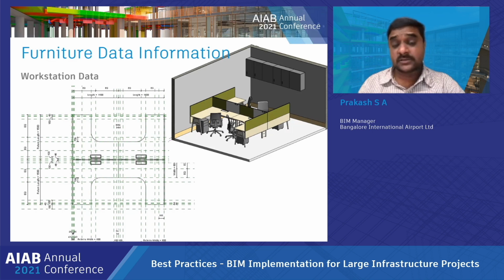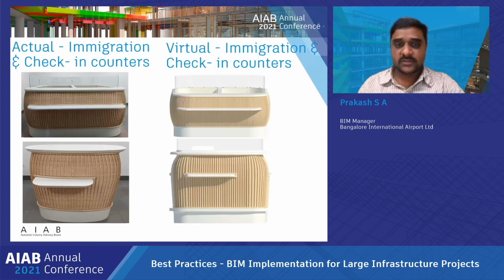This information under all these parameters is going to be extended to all the categories, like meeting rooms, meeting tables, sofas, and things like that. The same parameters are going to be extended into all the objects.